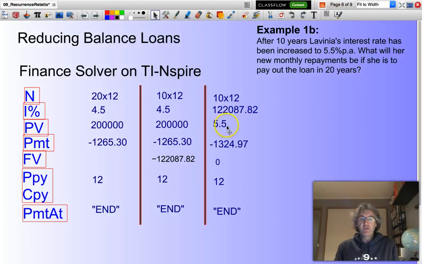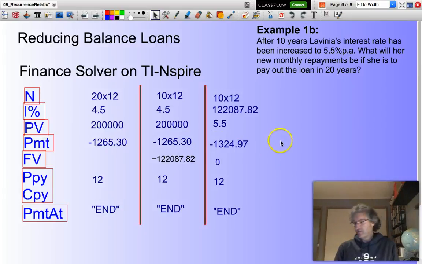We'll now be on the new interest rate of 5.5%, and at the end of that second 10-year stint, Lavinia will owe zero, which basically means that her new repayment is $1,324.97. So it is a considerable increase from the original repayment of $1265.30.